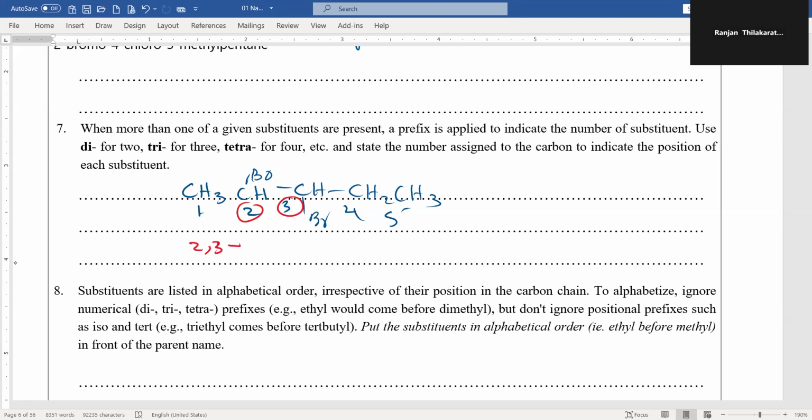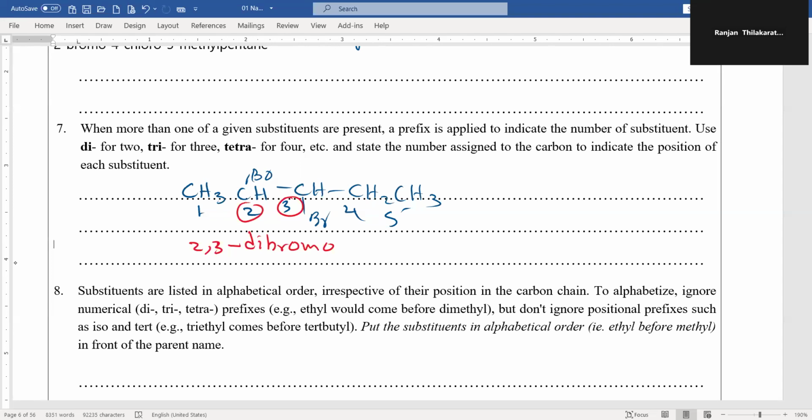On 2 and 3 you have bromo. As you have 2 bromine, you say dibromo, it is di. 2, 3 dibromo.